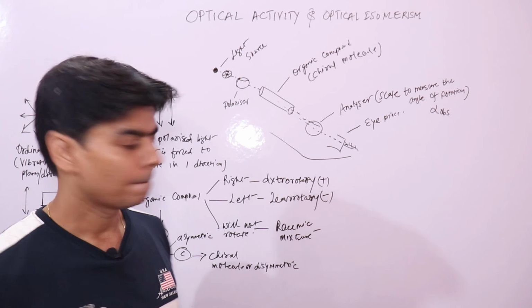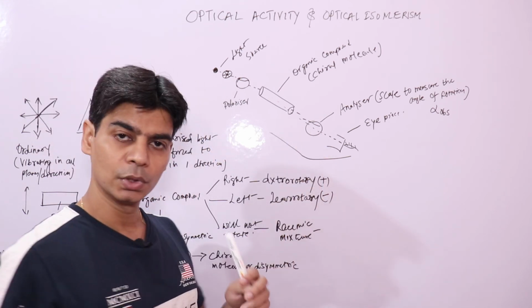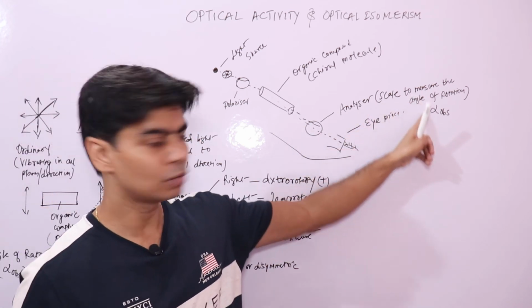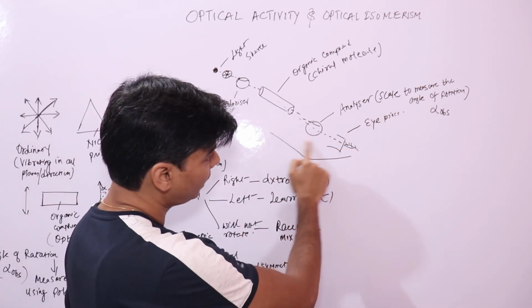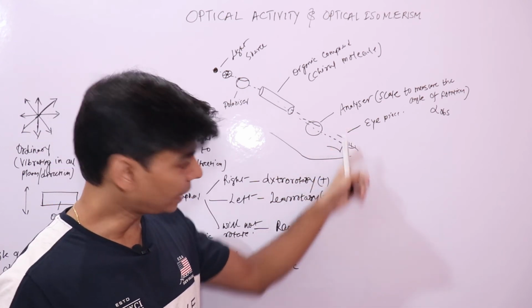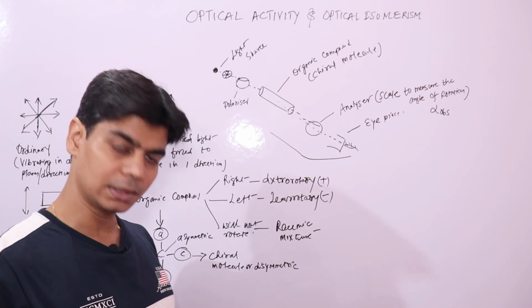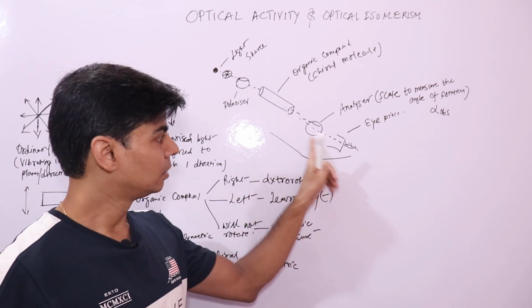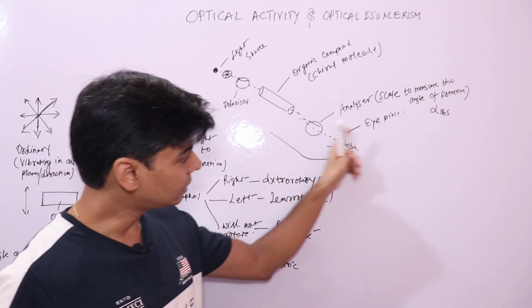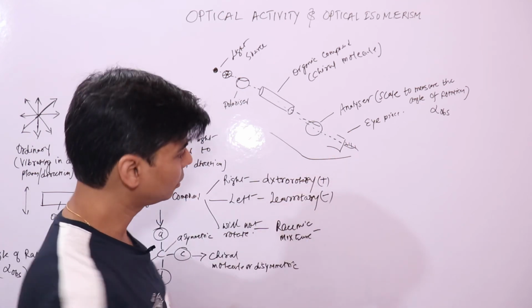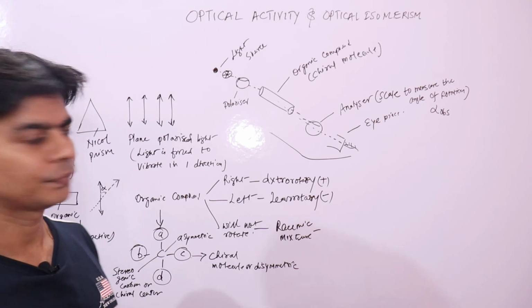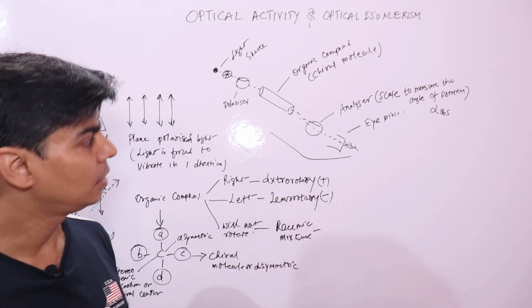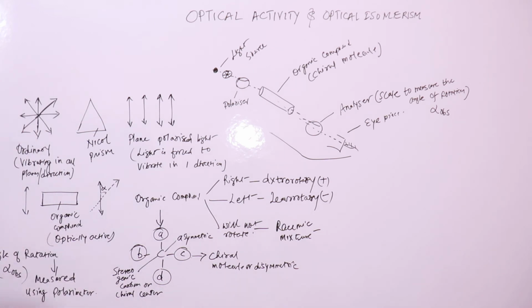When I rotate this analyzer through an angle, because it has a scale to measure the angle, such that again no light reaches the observer, that measurement is the angle of rotation of the plane polarized light, which is known as the observed angle of rotation, denoted by alpha OBS.